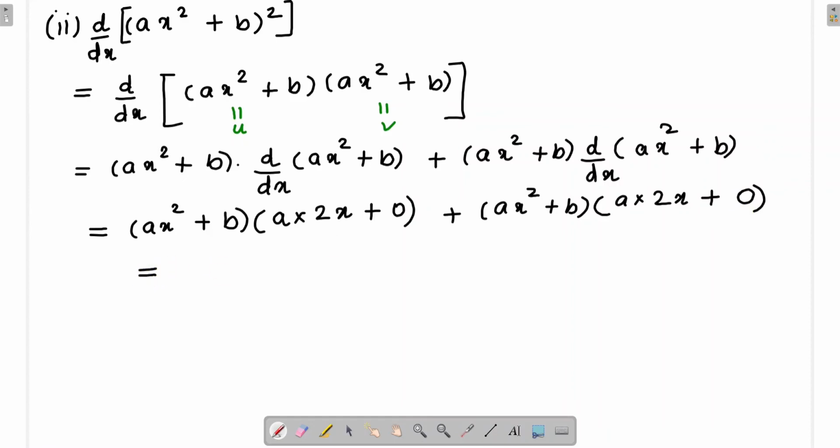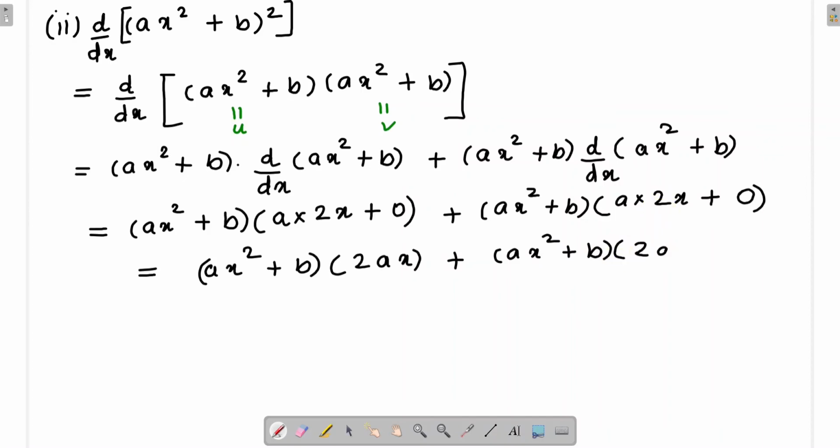Okay, so this will be equal to ax square plus b times a times 2x is 2ax plus ax square plus b multiplied by, again this is 2ax. So this will be equal to, now you can see that you have the sum of two equal terms, so that means it will be 2 times the equal term, right?